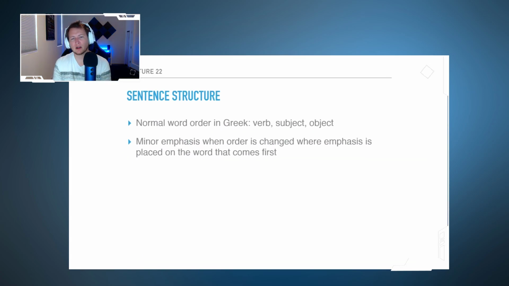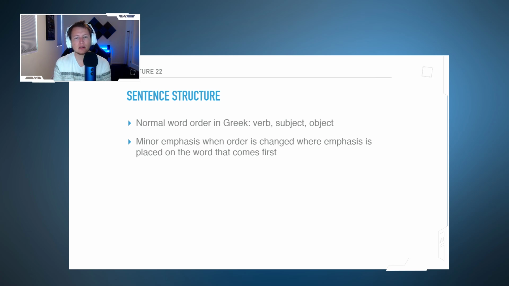Now, we've been talking about diacritical marks. They're really not important except for when they are. The same is true for sentence structure. Greek uses case endings, so it doesn't need word order like English does.